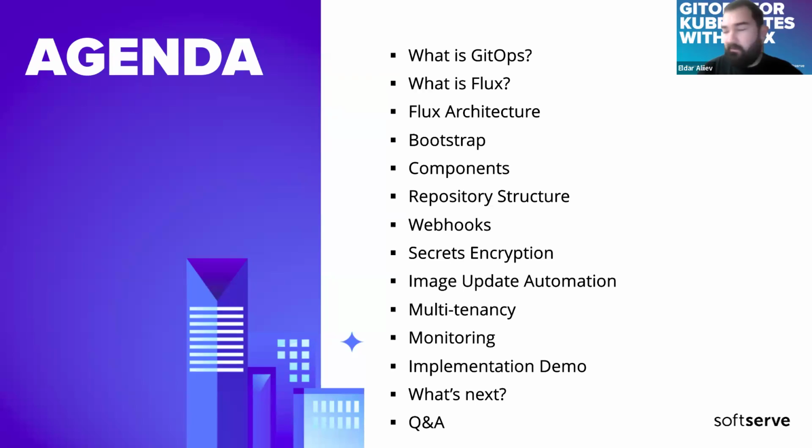Then we will check some basics about Flux. Actually, it's the main subject today. For us, it's like a GitOps toolkit that will help us implement the GitOps approach. And then we will check all of the features of this product, make some implementation demo as usual, and perform some Q&A session. Maybe you will have any questions or something like that.